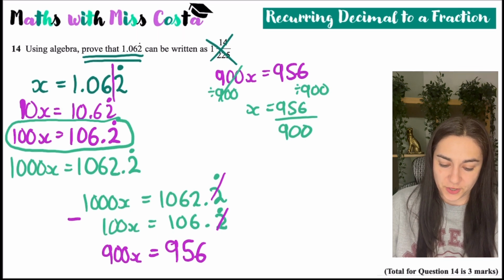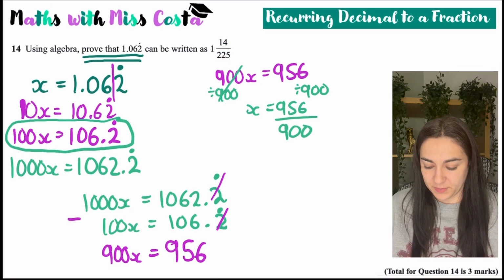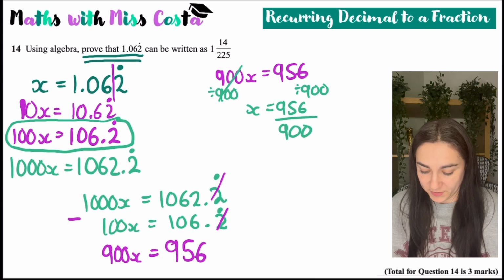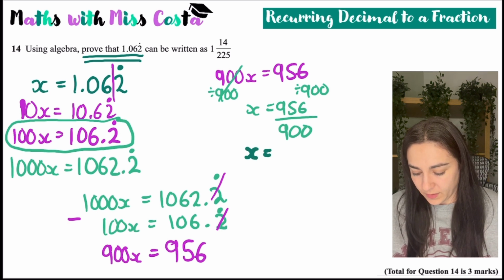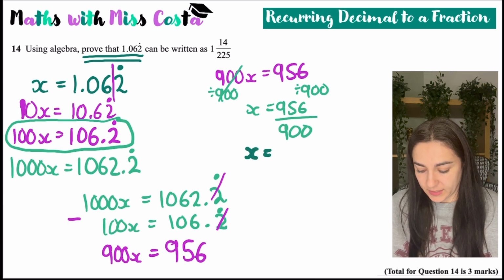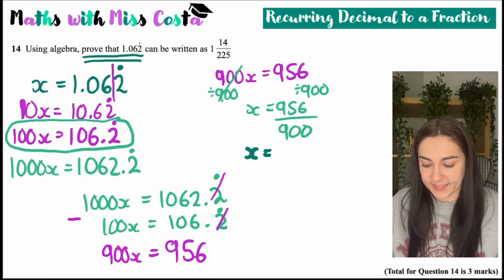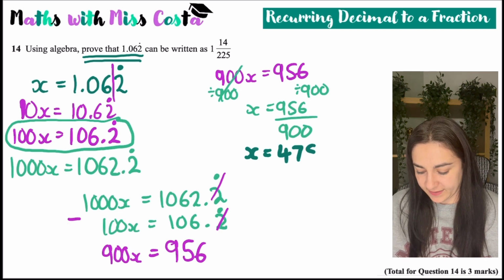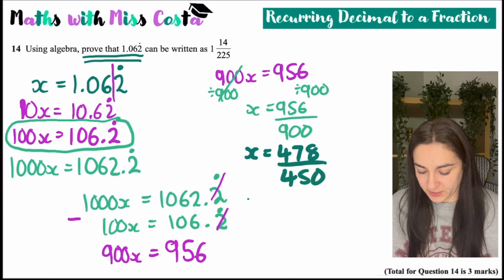Now I need to show that it can be written as this fraction here. So I can start simplifying. I could divide by 2. So 956 divided by 2 is 478, and that would be over 450. I could divide by 2 again.